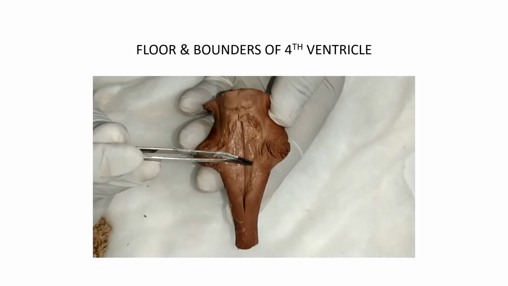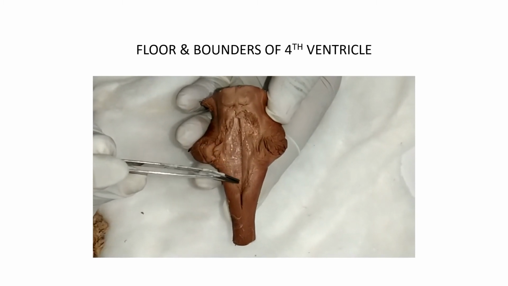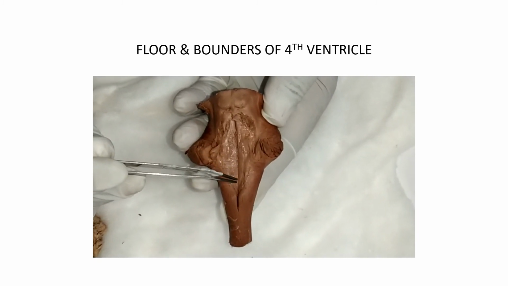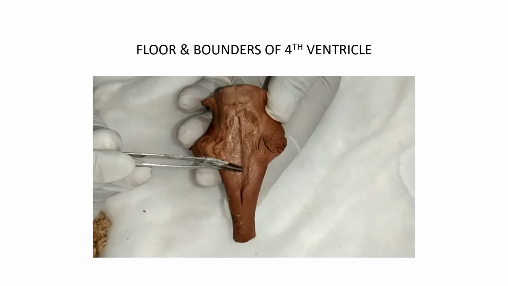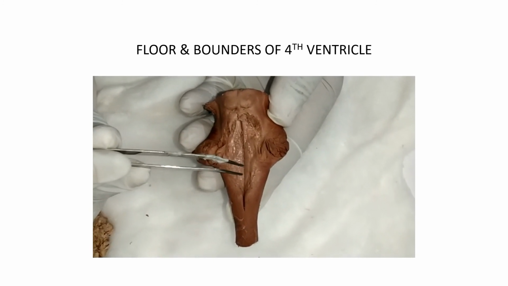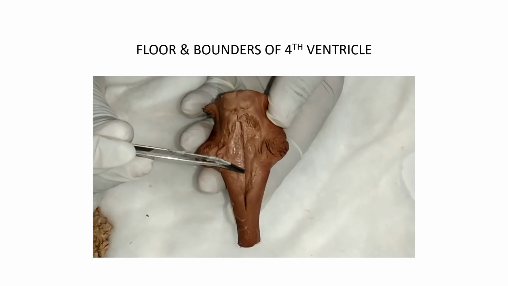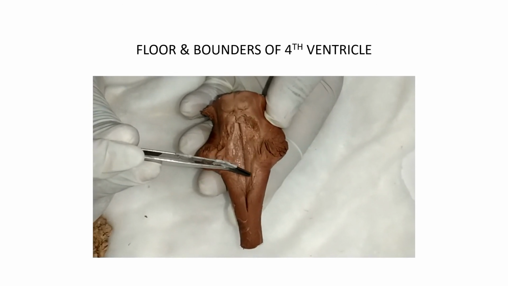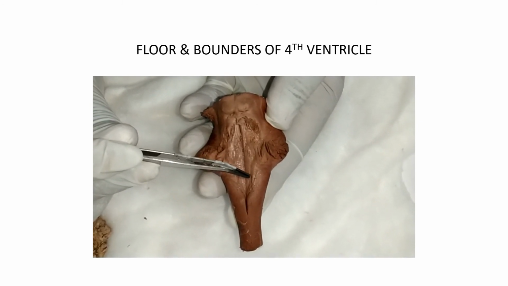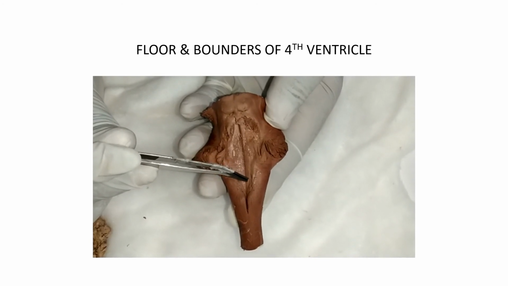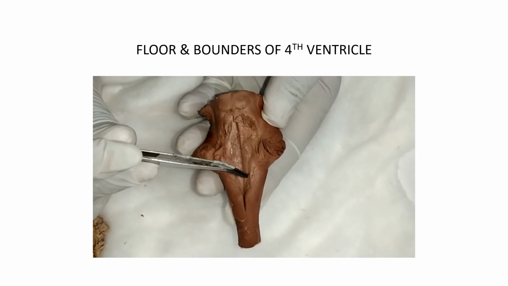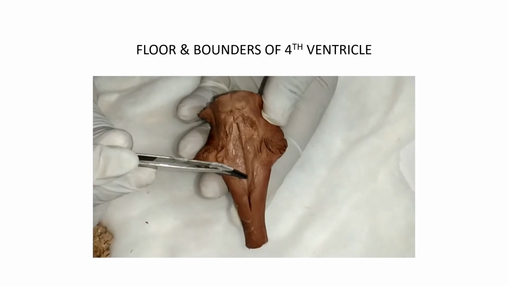Inferior to the striae medullares, the floor of the fourth ventricle presents the following features. Firstly, the lower end of the sulcus limitans is a small depression called the inferior fovea.